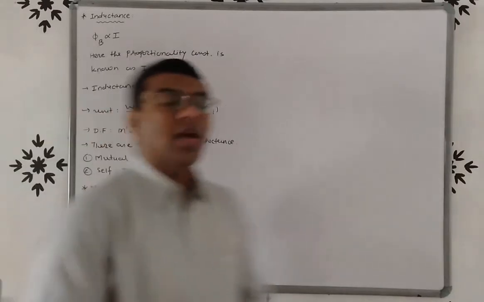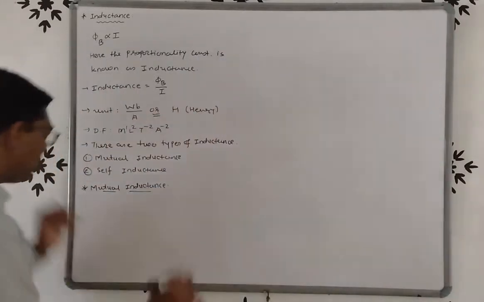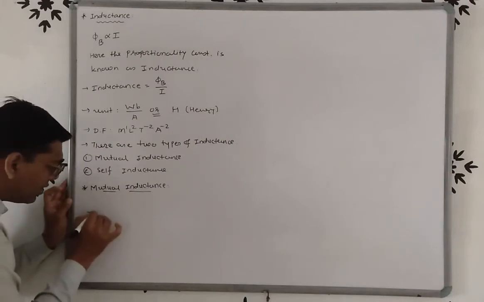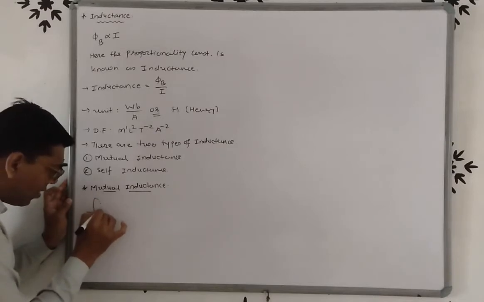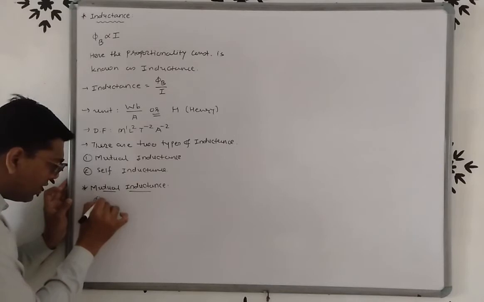Now here we take one coil and we connect this coil with the galvanometer, like this.